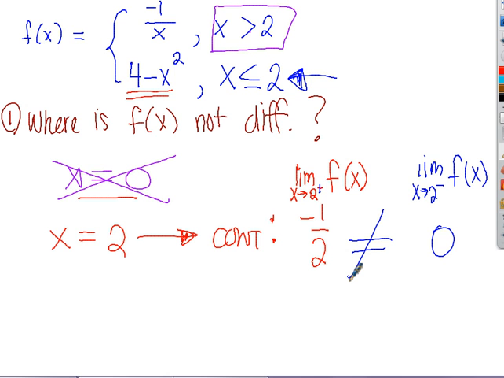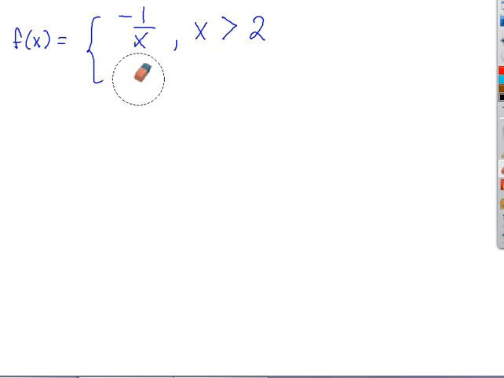Okay? So let's do one where you actually have to do the work, the process. I'm going to not change the function, just change the number, so it makes it a little easier for us.